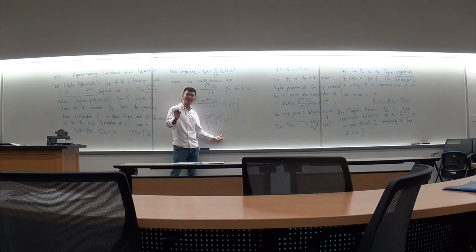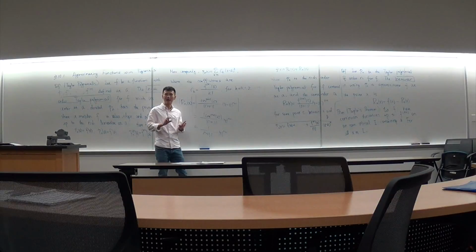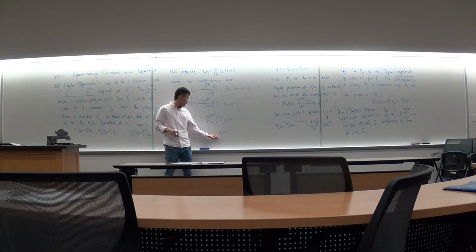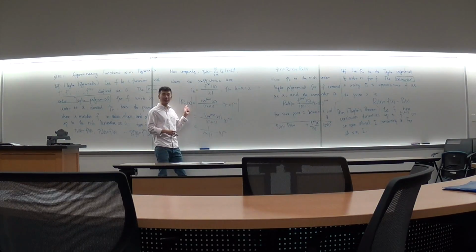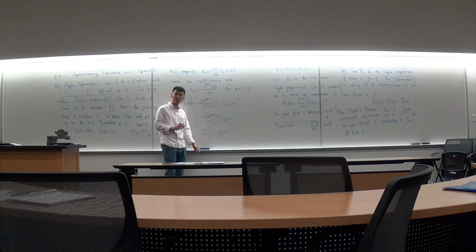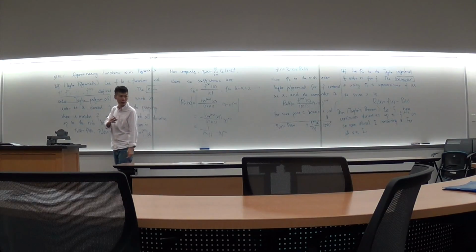But remember, the center of this Taylor polynomial is 0, and we're assuming that x is really close to 0, which means x is smaller than 1. You raise a number smaller than 1 to a high power, and that will only make it even smaller. So if we increase n, the magnitude of the remainder will be smaller, which means we're going to get a better approximation using the Taylor polynomial.